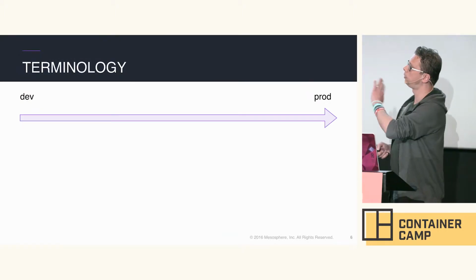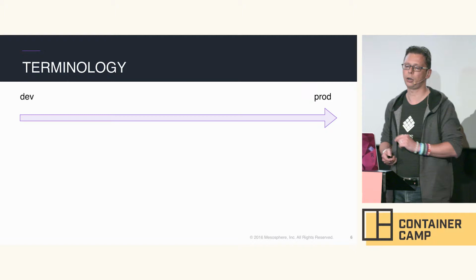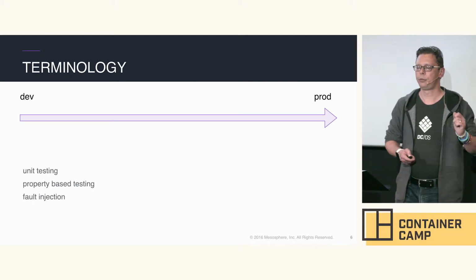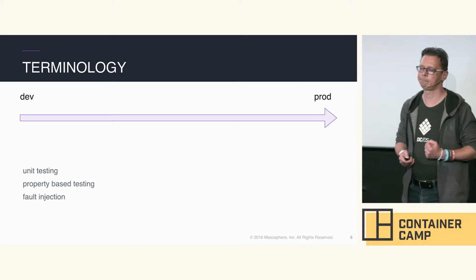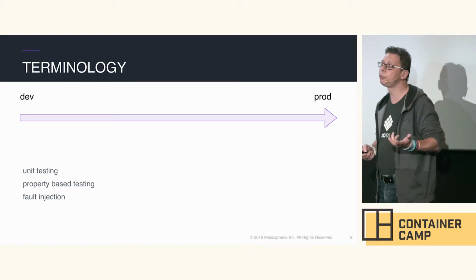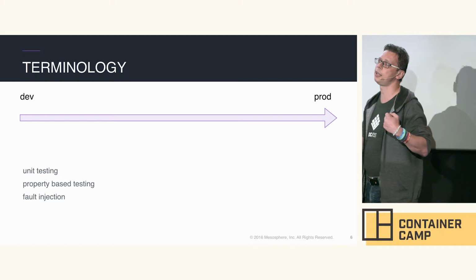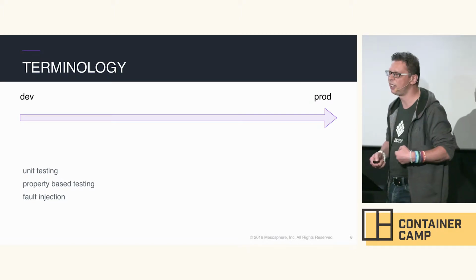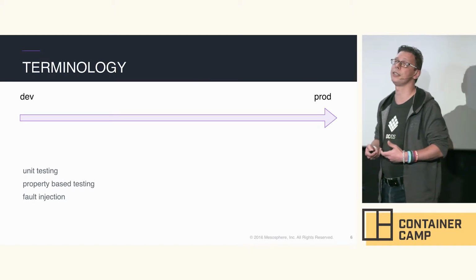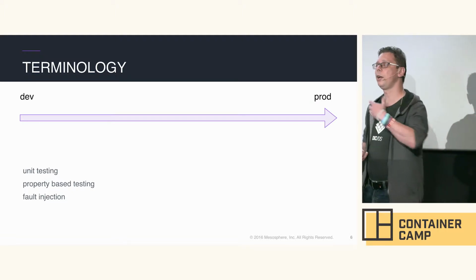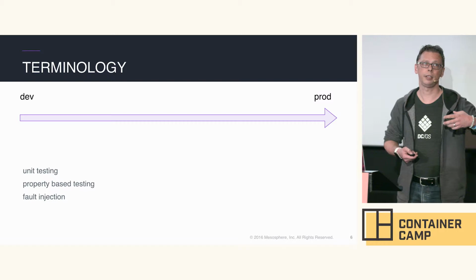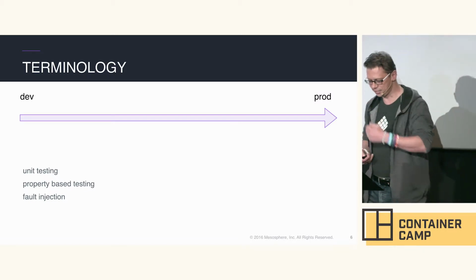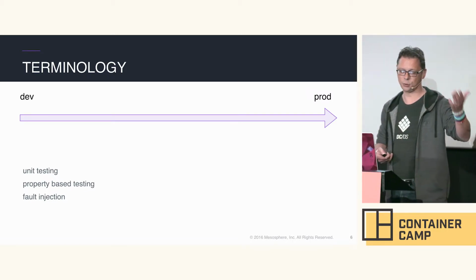If you take that spectrum from development to prod, I'm pretty sure you're familiar with things like unit testing and integration tests. You might be familiar with property-based testing. That's the insight that it really sucks to manually write unit tests, right? So you essentially describe the desired properties. For example, say you have a function, let's take that serverless example again, that adds two numbers.